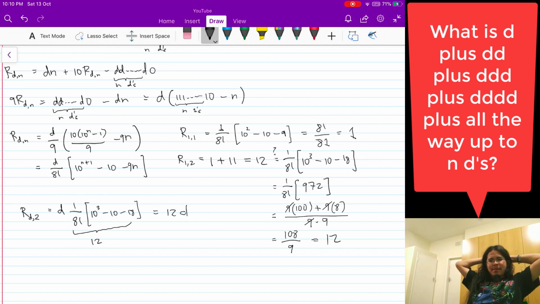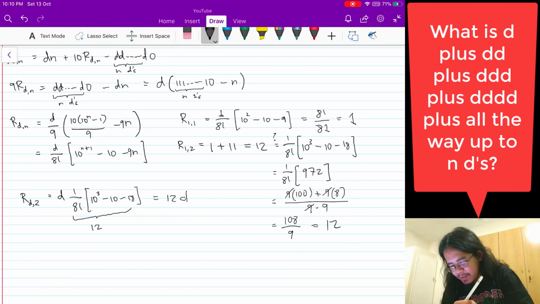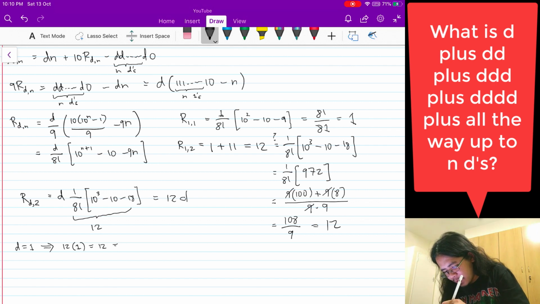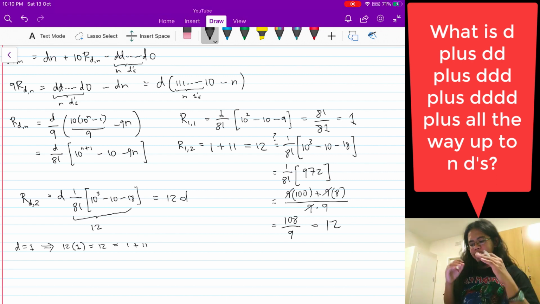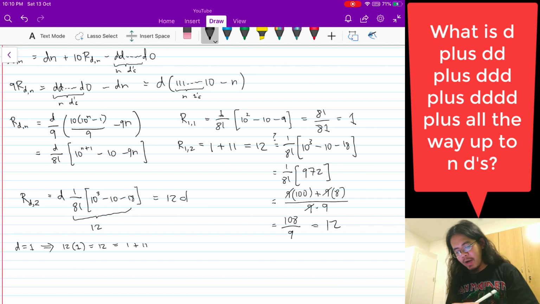But that's amazing. What does that mean? It means, with n equals 2, when D is equal to 1, that implies 12 times 1, which is of course 12. This is just equal to 1 plus 11. Why? Because we pick D to be the digit 1, and our n here is equal to 2.